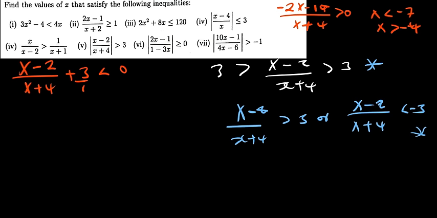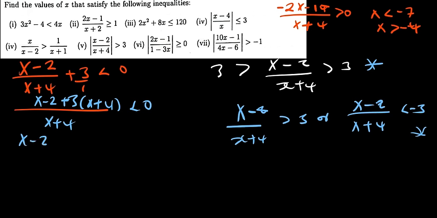The common denominator is x plus 4. Here I'll still remain with x minus 2, and here I'll remain with 3 times x plus 4, less than 0. So I'll have x minus 2 plus 3x plus 12 divided by x plus 4 less than 0.